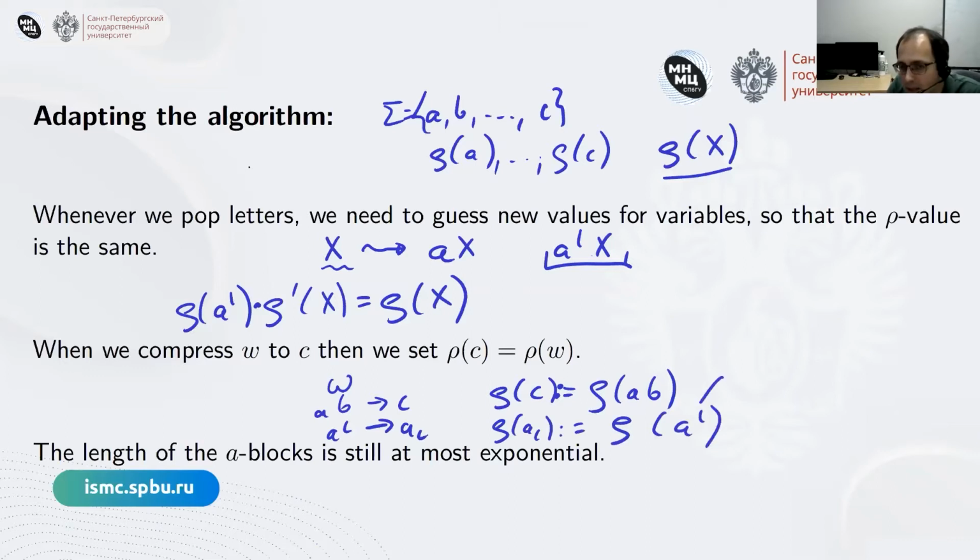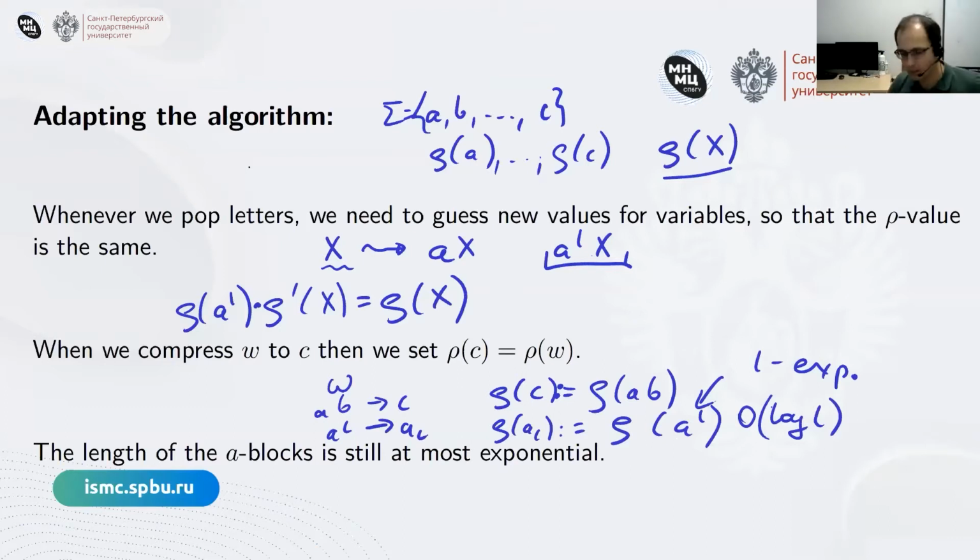So here l could be exponential, but if it's just exponential, then we can multiply the matrices. Well, all the usual tricks that work for multiplication of numbers also work for multiplication of matrices. So if we want to compute the l-th power of some matrix, we can do it in O(log l) multiplications. So this can be done in polynomial time, since we know that this is at most exponential.